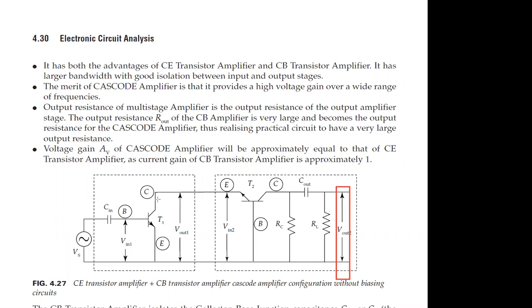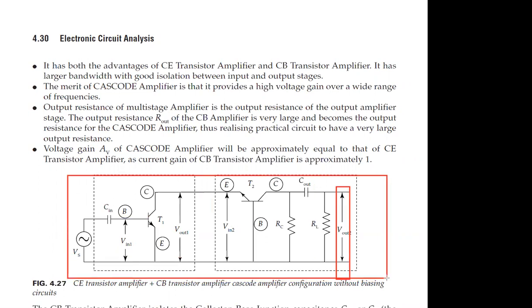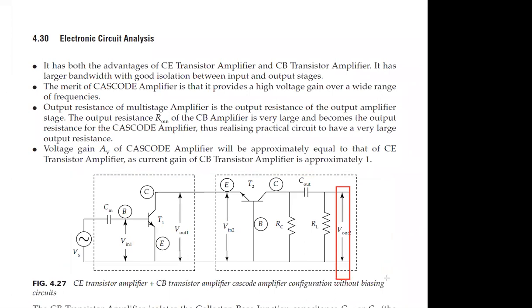And when we look at the entire amplifier, we are getting the same configuration. Even though CE and CB are connected, the output resistance of CB is high, so the overall cascade amplifier gets a high output resistance. And that is very high output resistance. Similarly, the voltage gain of the cascade amplifier is approximately equal to that of CE. Whatever the voltage gain of the first-stage CE amplifier is, the same amount will be reflected in the output.